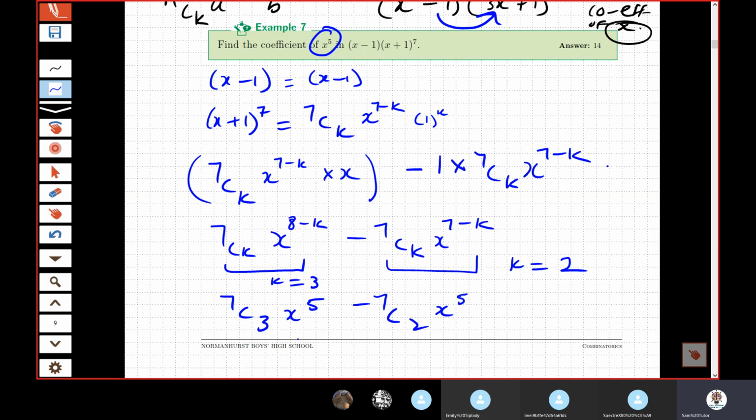And then that would be your answer. 7 choose 3, take away 7 choose 2, which I'm guessing is 14. See how we found the coefficient of x^5?